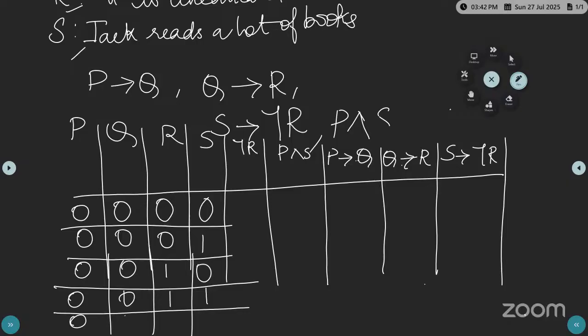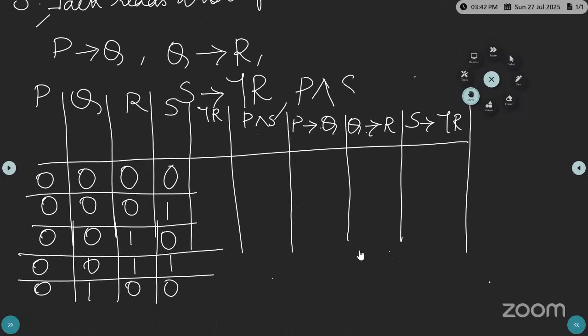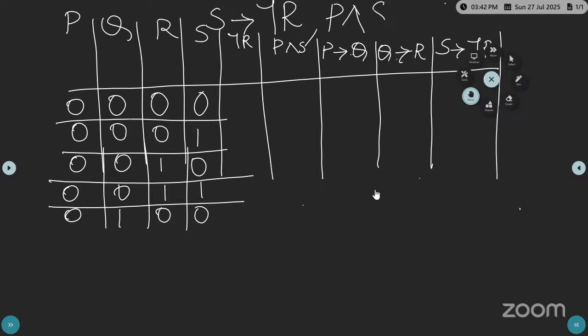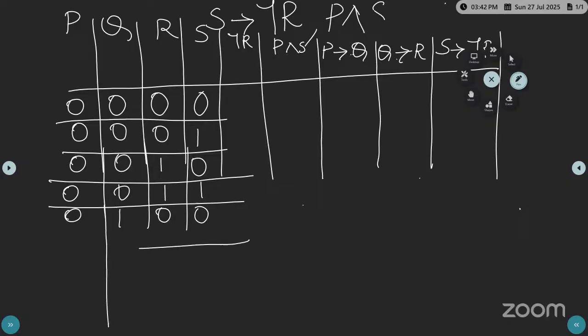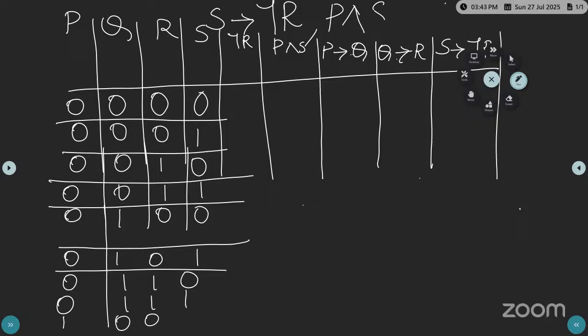Next, 0, 1, 0, 0. Next, you get 0, 1, 0, 1. 0, 1, 1, 0. 0, 1, 1, 1. 1, 0, 0, 0.